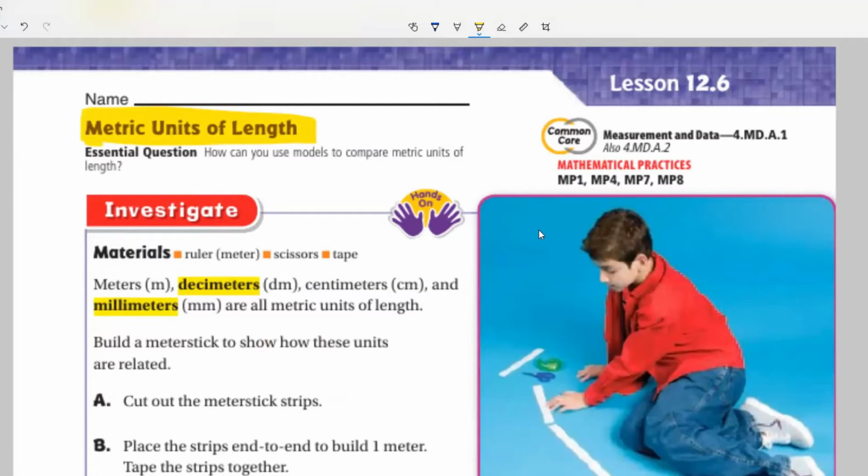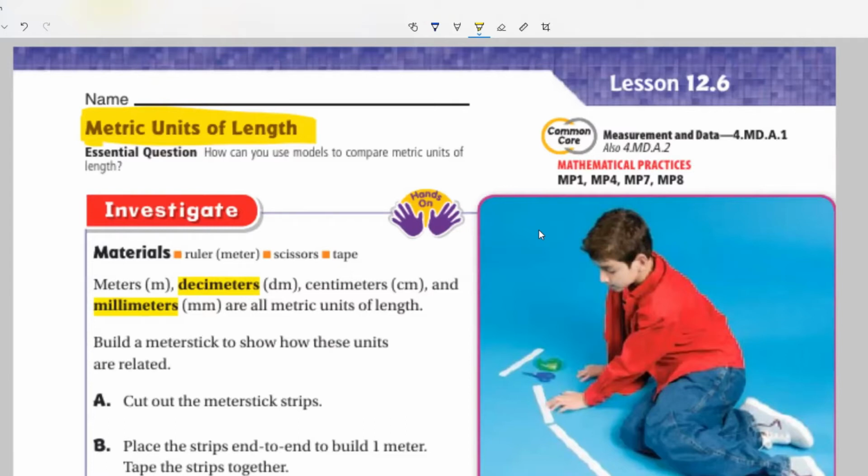Do you mean meters, centimeters? No, that's our lesson today, the metric units of length. I asked for the customary units of length, that's lesson 12.2.